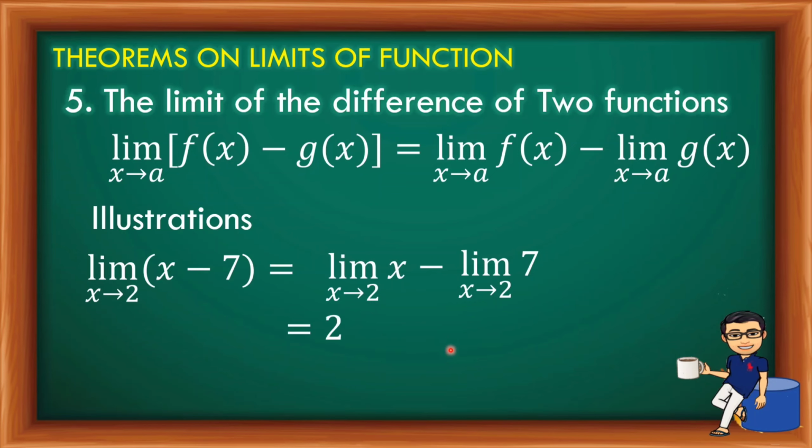Then the constant value will be the limit, which is 7. And 2 minus 7, that will be negative 5. Therefore, the answer in the limit of the quantity x minus 7 as x approaches 2 is negative 5.